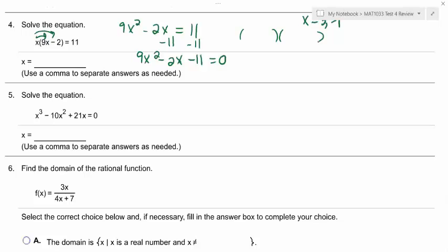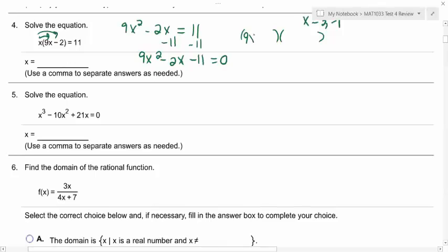I'm just going to go with the 9x. Okay, so 9x and x. But 11 is prime, right? So nothing is really going to factor this out. Well, what numbers multiply to 11? Nothing. It's just 11 times 1.